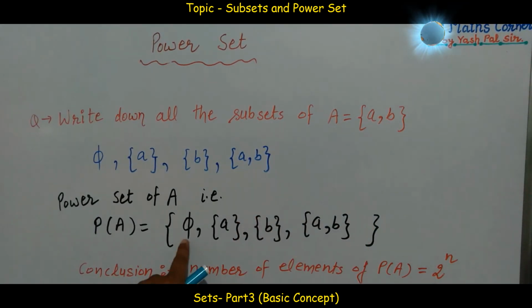So 4 elements are there in the power set of A.